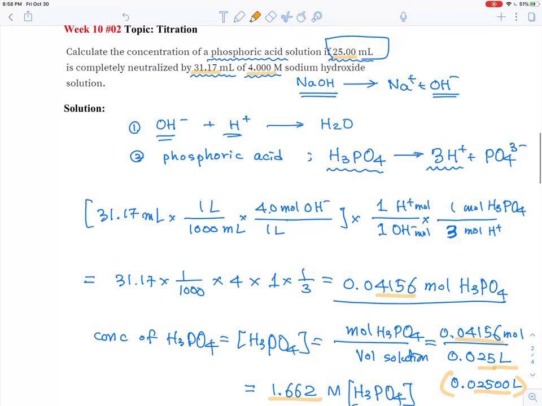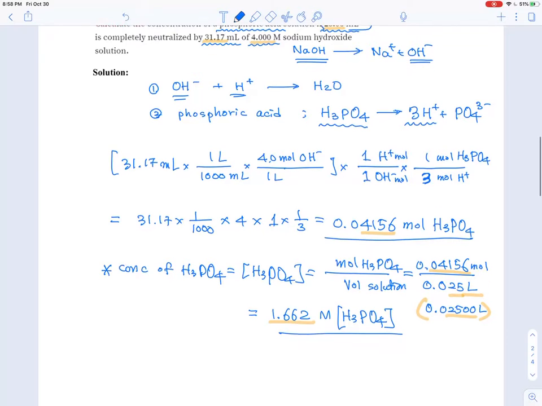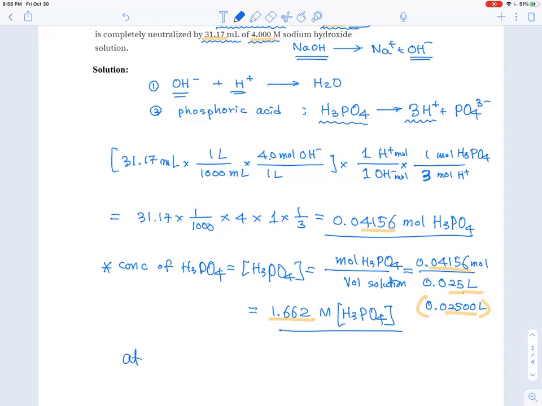Now, at the titration condition, the moles of H plus are the same as the moles of OH minus.